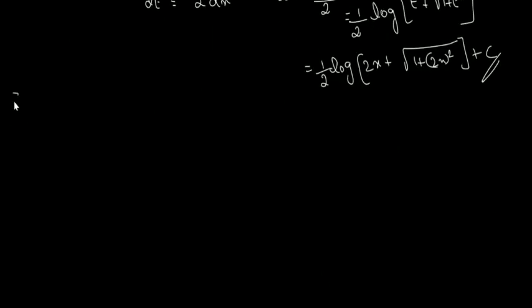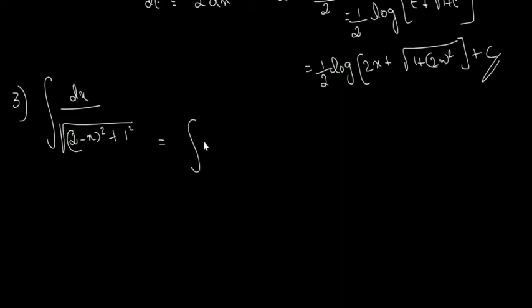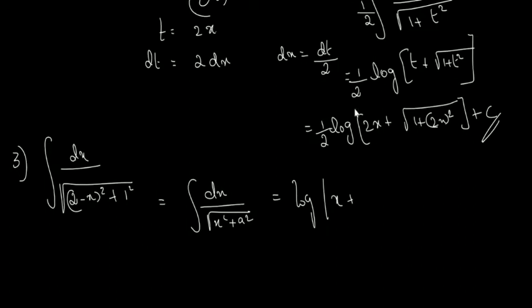Third question, integrate dx by 2 minus x the whole square plus 1. So we can write this using substitution method. I'll do both the methods. Straight away you can use the formula dx by root of x square plus a square. Remember the coefficient of x is minus 1. Put modulus sign. Whenever you use log, please put the modulus sign.